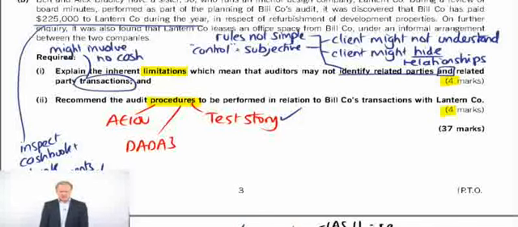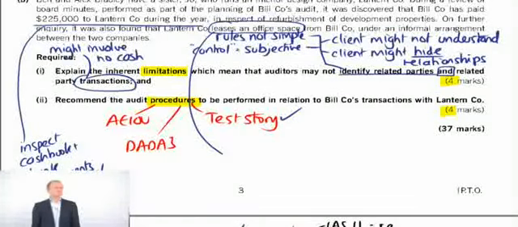On further inquiry, it was also found that Lantern leases an office space from Bill under an informal arrangement between the two companies. Well, if they're leasing office space, how do we know that? Well, if it's an informal arrangement, there might not be any paperwork agreeing any of this. That's what informal means. There's no forms.